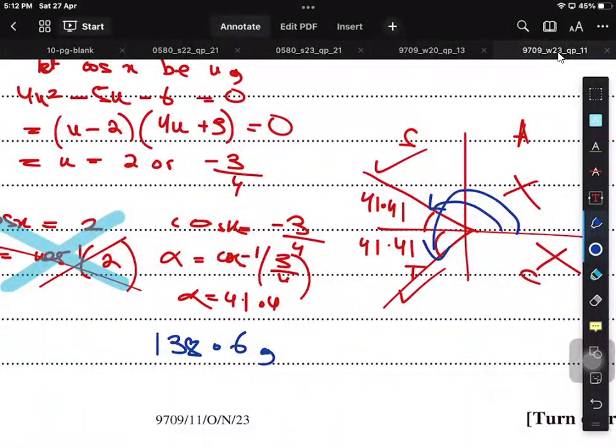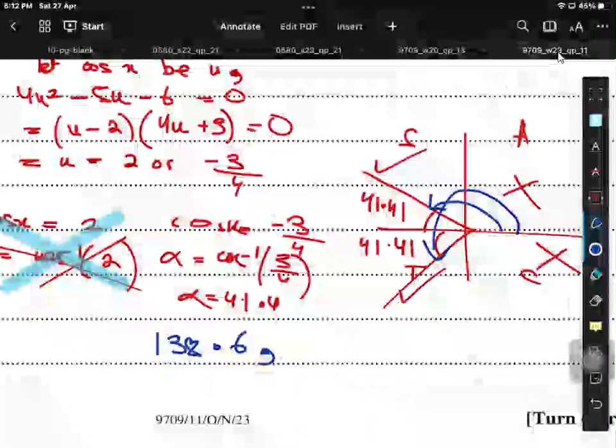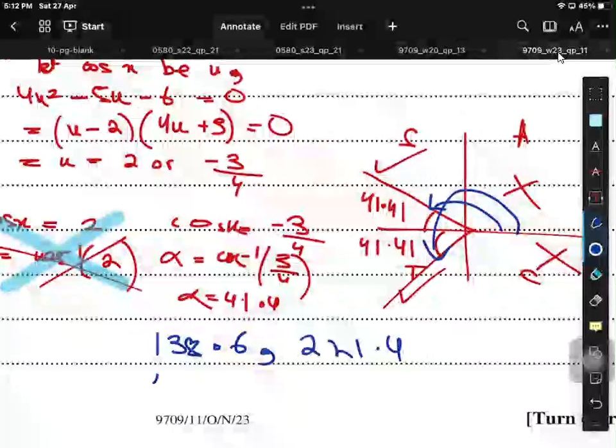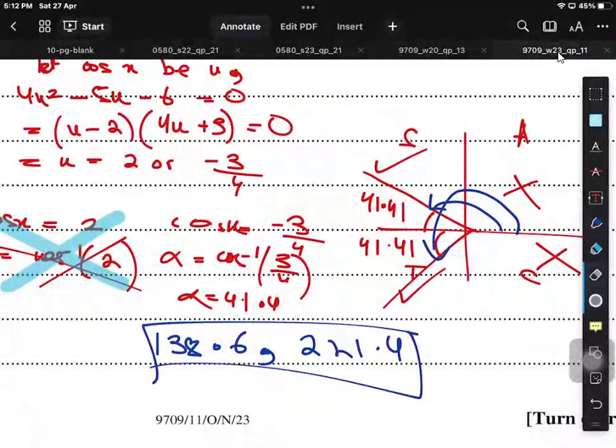So that would be 180 plus 41.41, that would be 221.4 to one decimal place. So that is it. These are our two answers, in degrees.